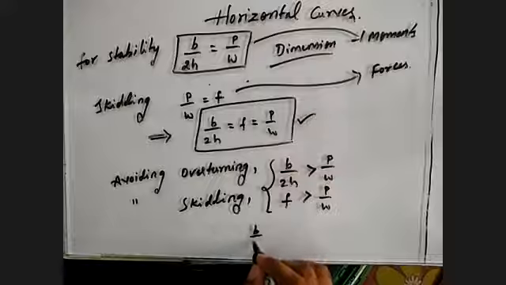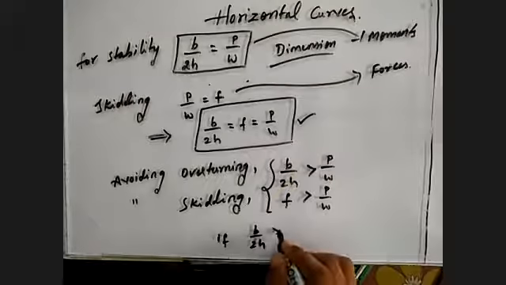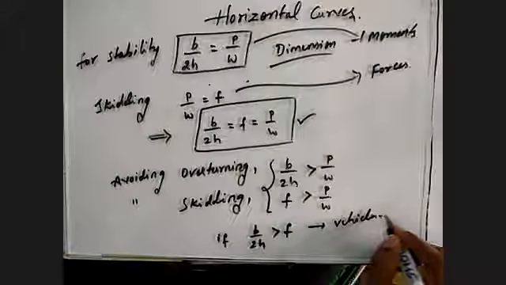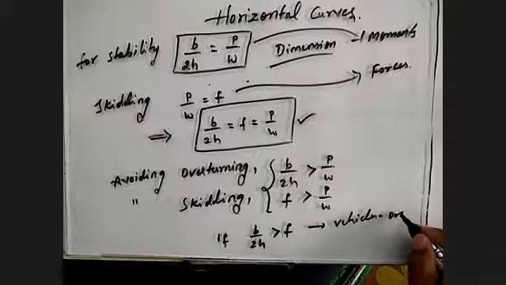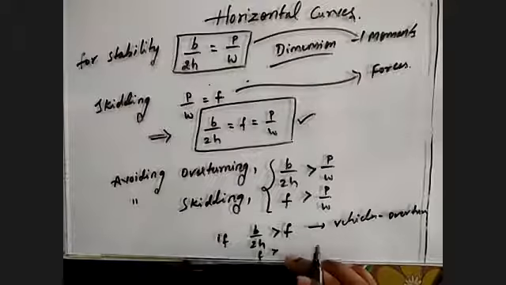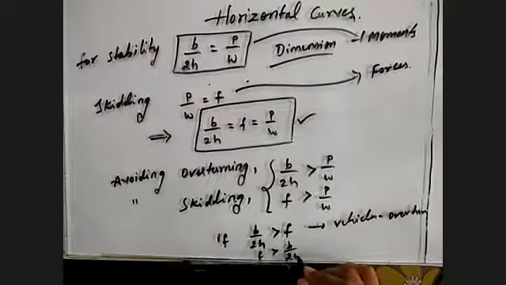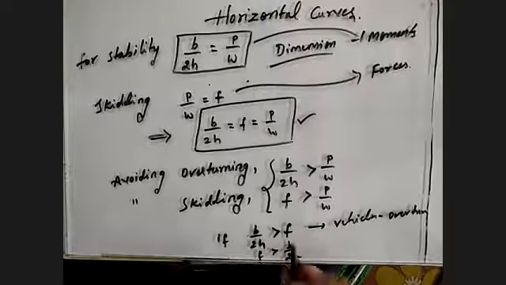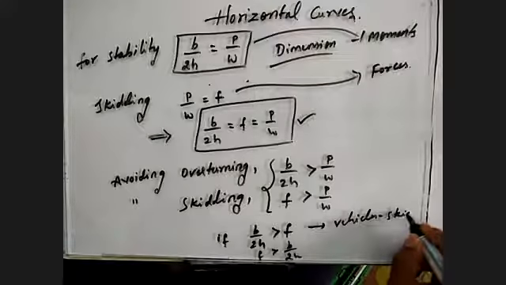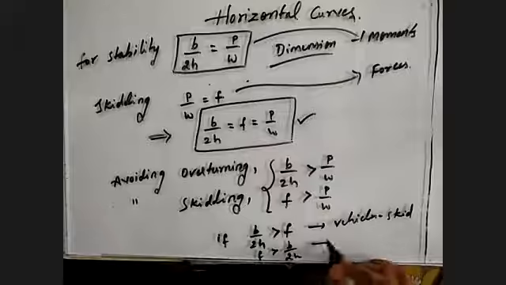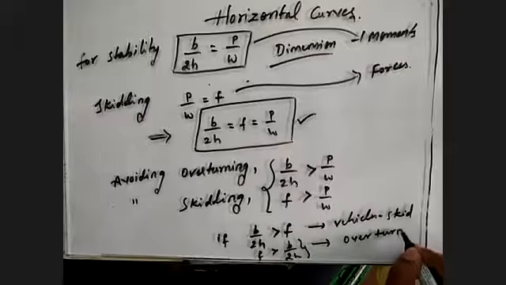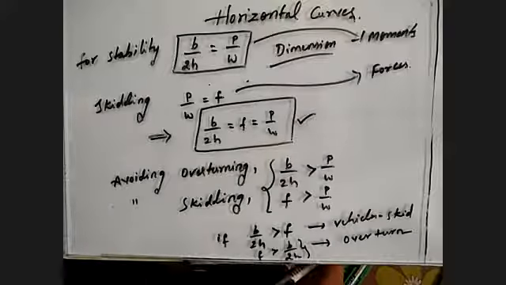If B by 2H is greater than F, the vehicle skids. Okay, because the body stability is good. If friction is more and B by 2H is less, the vehicle will overturn. So these are the primary formulas we need to remember.